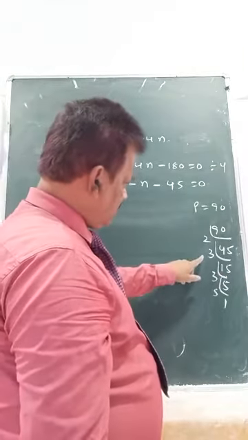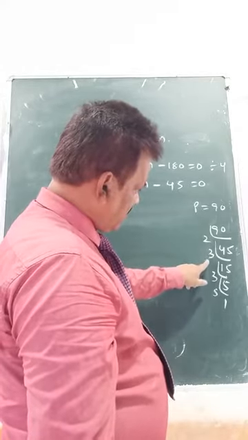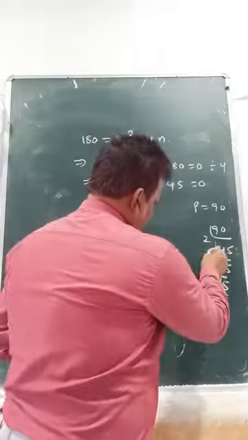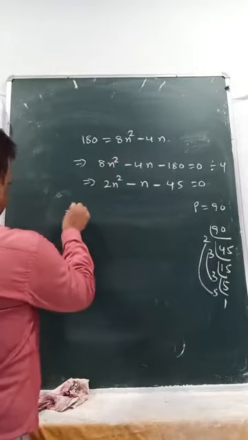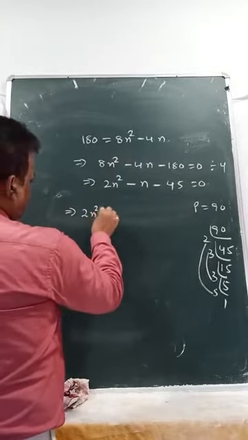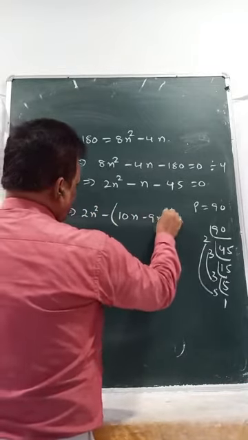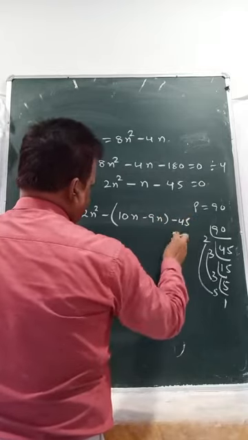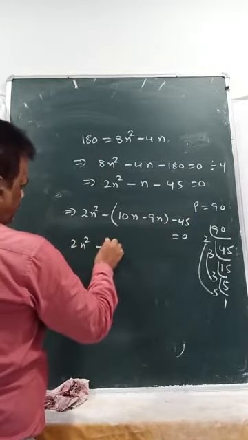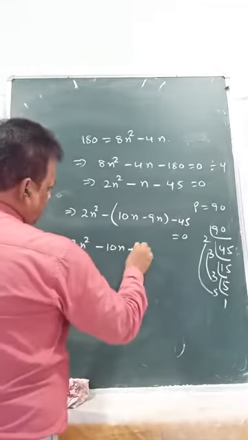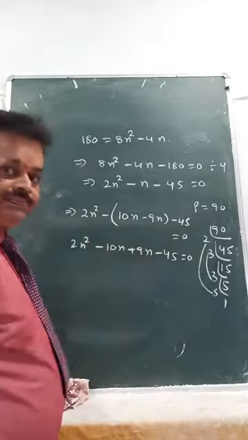This is 3 2 is 6, or 3 3 is 9, 2 5 is 10. That means 2n square minus 10n plus 9n minus 45 equals 0.